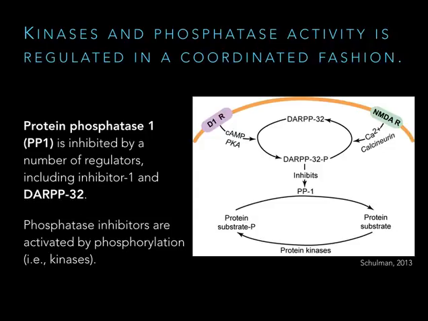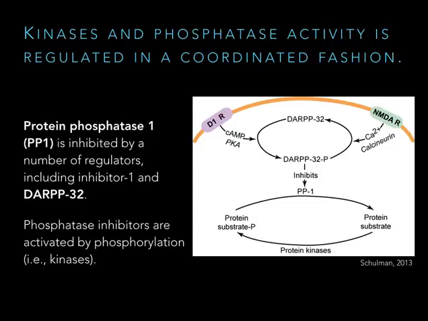The phosphatase inhibitors are generally activated by kinases. So, for example, here we have protein phosphatase 1 being inhibited by this regulatory protein DARP32. So DARP32 is turned on by phosphorylation, so kinases activate it, thus inhibiting a phosphatase.